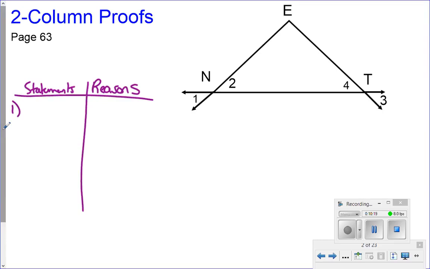The first statement would be the first thing that they mention in the given, which is segment EN is congruent to segment ET, and that's given. I'm going to mark that. Segment EN and segment ET are congruent, and that's given.